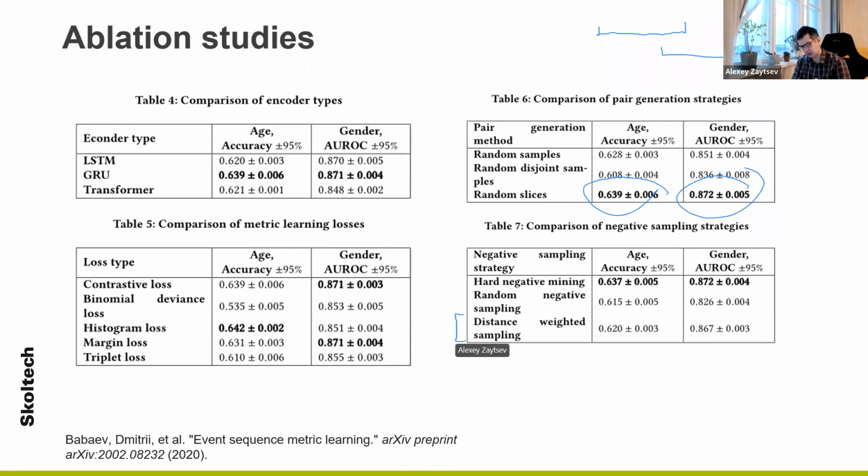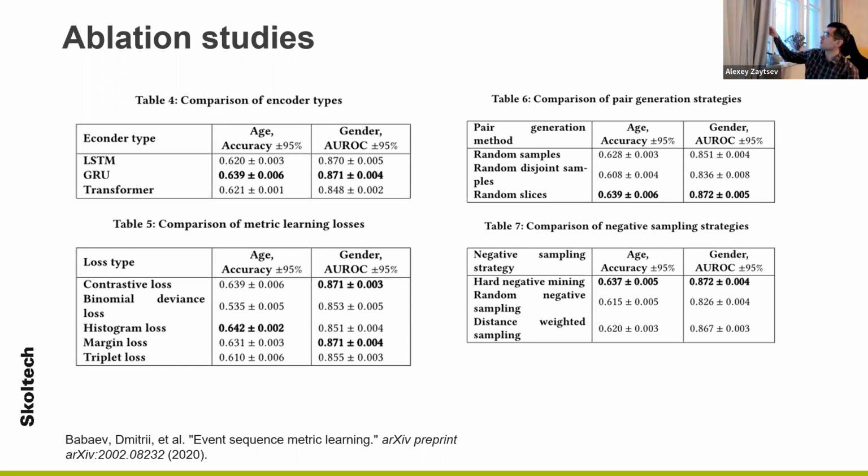For example, we can try distance weighted sampling, and it's kind of close and requires less computational resources than hard negative mining. So you can see that most of the steps here are still important. We still need correct sampling strategy, correct model, and correct loss function. But in this case, the difference is maybe not that significant.